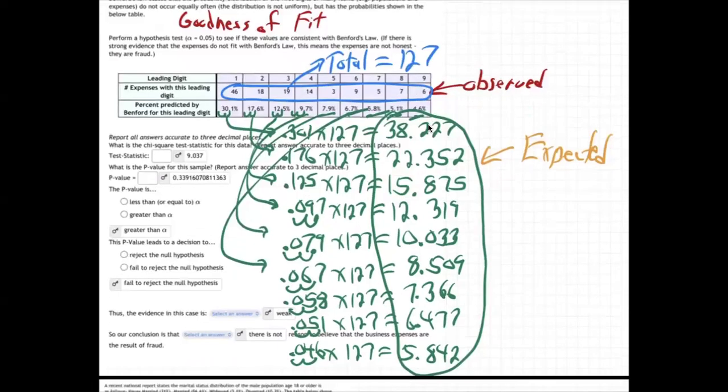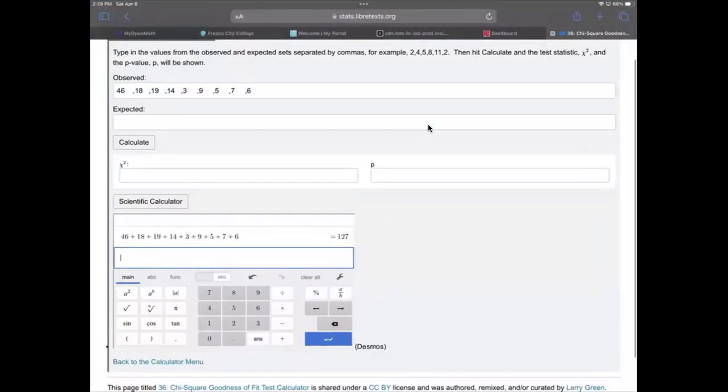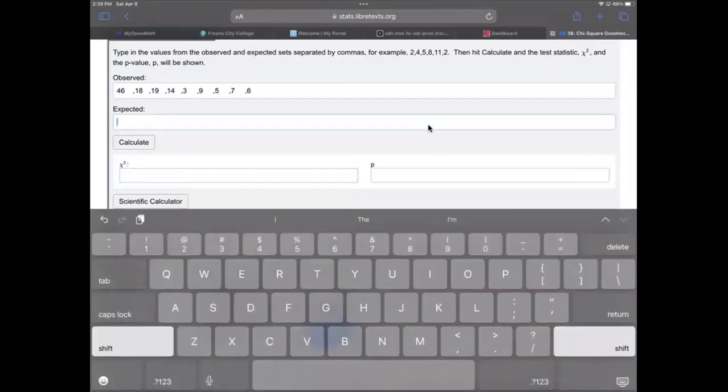So we're going to put all these numbers now into the expected in the calculator. Let's put commas between them. We go back to the calculator, up to the expected, and put in those numbers.